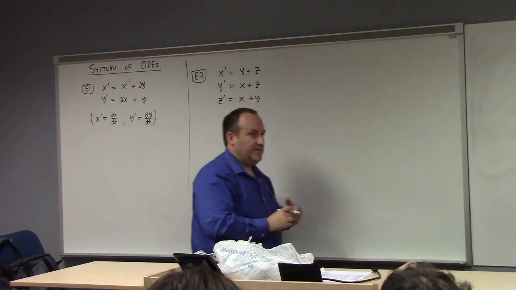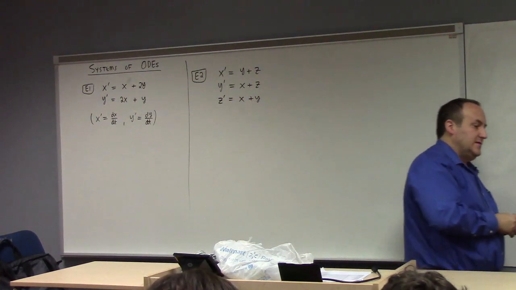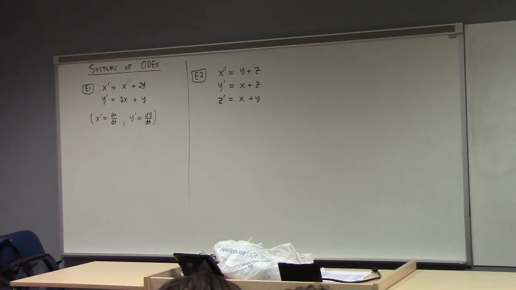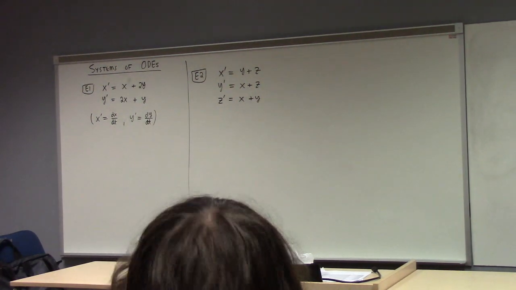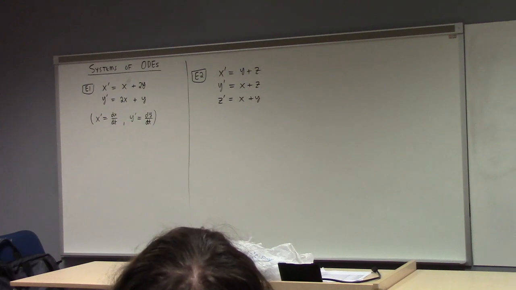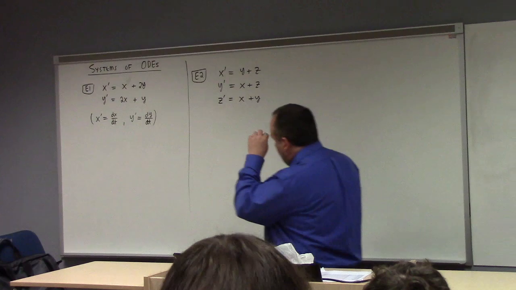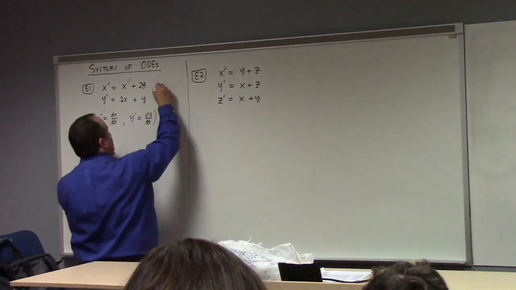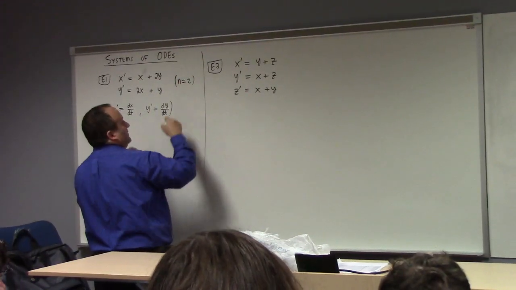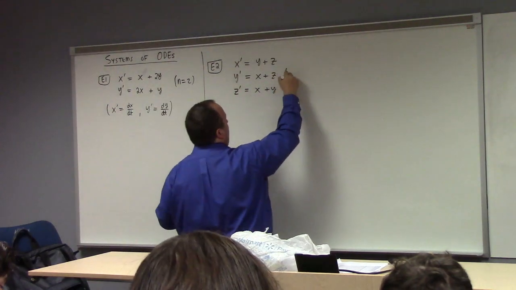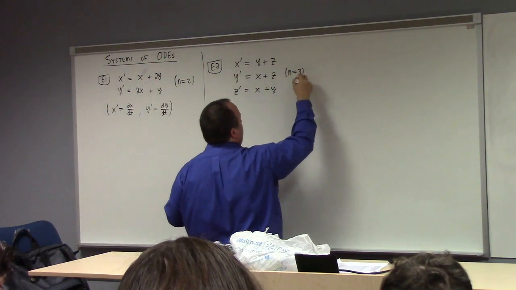This is a system of 3 differential equations. Your goal here would be to find x, y, and z which solve this system, right? So this one here is n equals 2, right? This is n equals 3, like the number of differential equations here is 3.